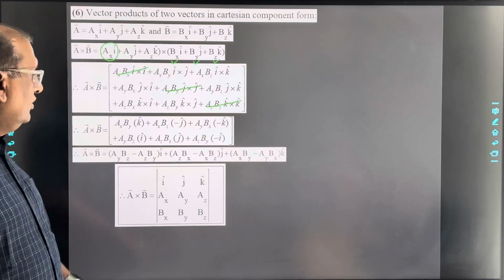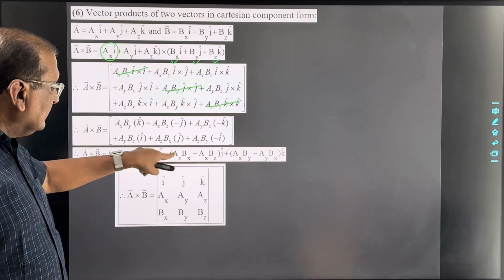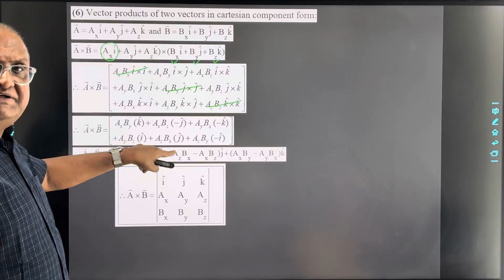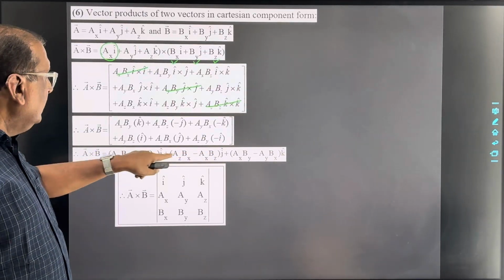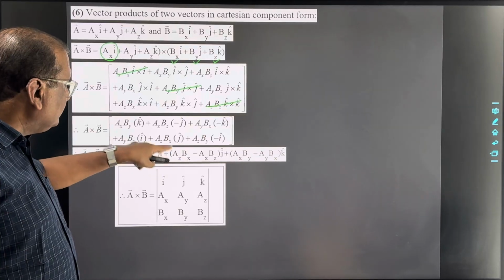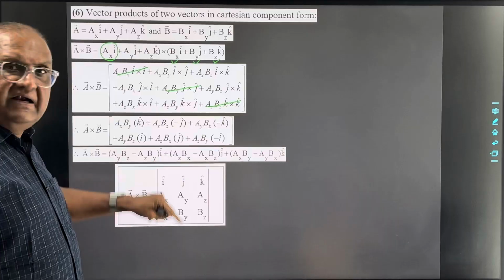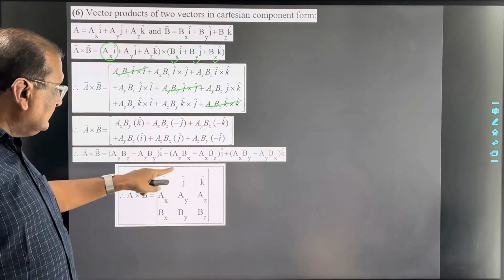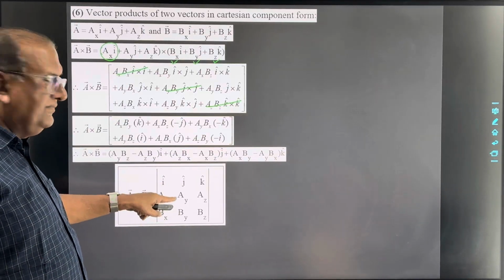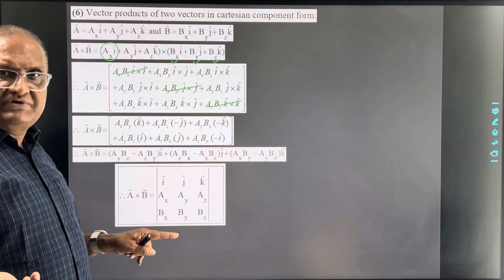Okay? So see here. Actually in this second step, J caret is taken common. So when we take J caret common, AZ BX comes first, then minus AX BZ. But when we solve this determinant, J will appear with negative sign.